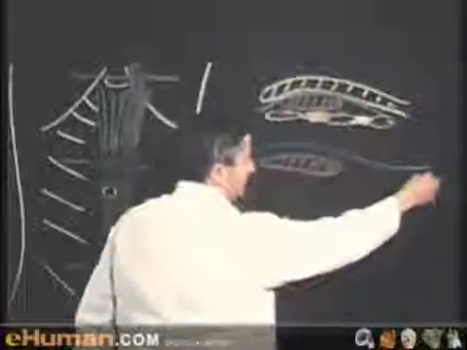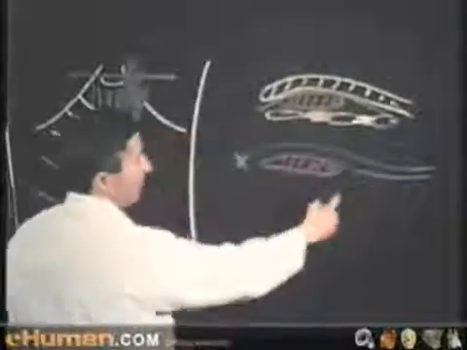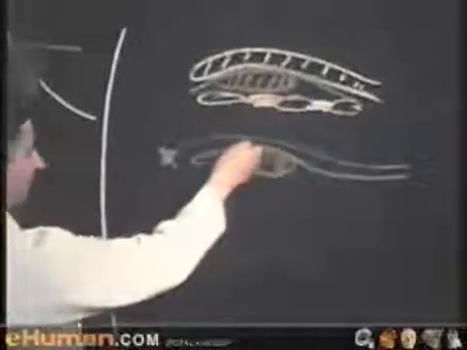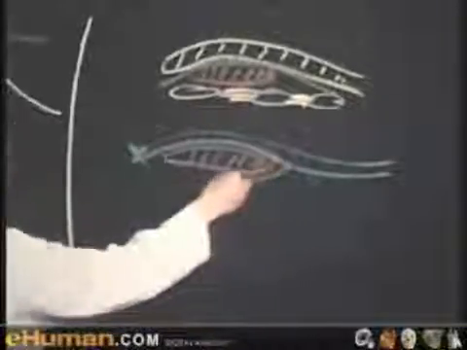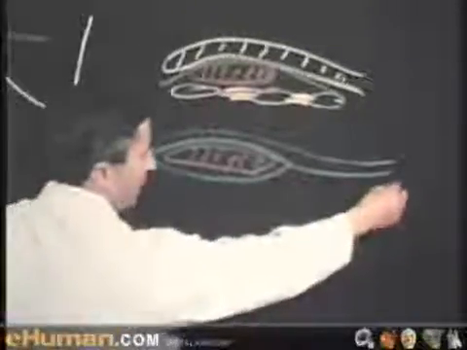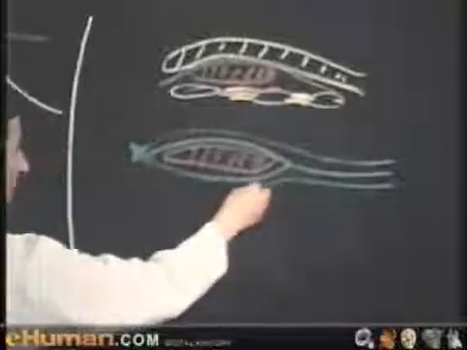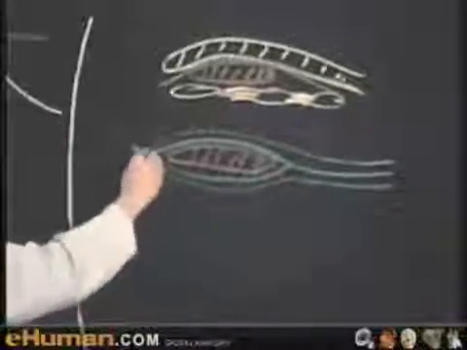Then we take the internal oblique aponeurosis, and when it approaches the lateral margin of the rectus abdominis, it splits. One part passes in front and fuses with the linea alba, and the other part passes behind and fuses with the linea alba. And then we take the aponeurosis of the transversus abdominis, and this, on reaching the lateral margin of the rectus abdominis, passes behind the rectus abdominis and fuses with the linea alba.